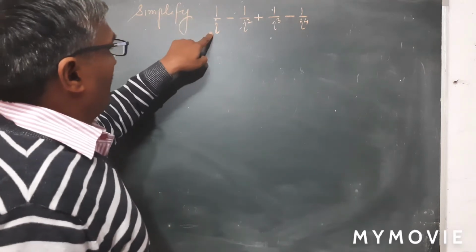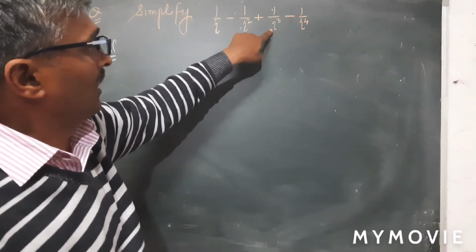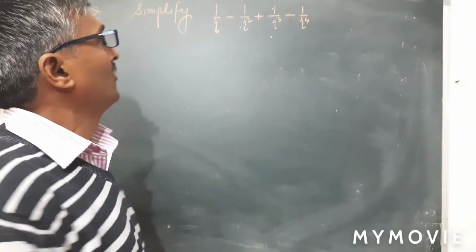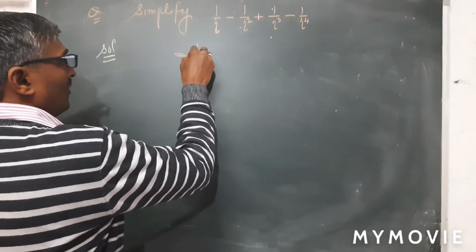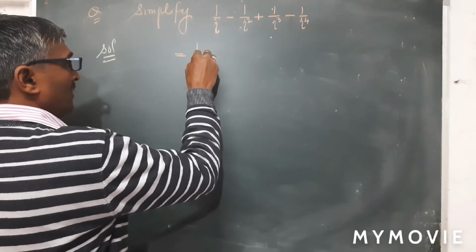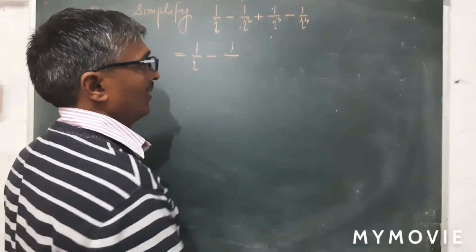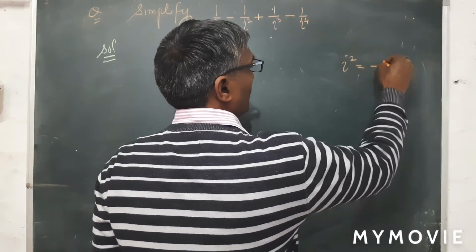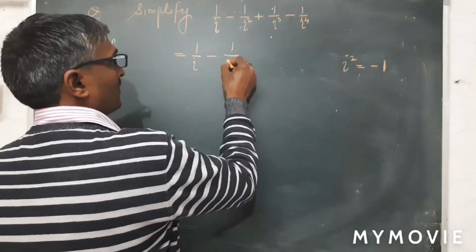Simplify 1 over iota minus 1 over iota square plus 1 over iota cube minus 1 over iota to power 4. That is equal to 1 over iota, you can write down 1 over iota simply, minus 1 over iota square. Iota square is equal to minus 1.